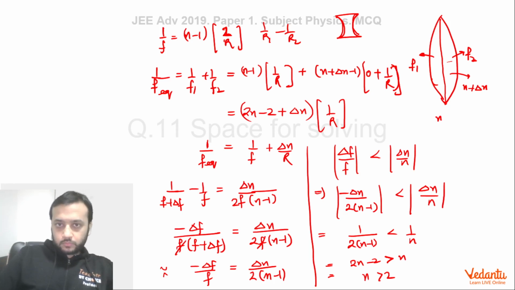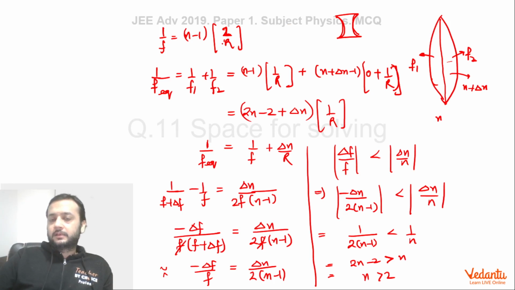So this would have become minus, and this also would have become minus, right? So here we would have gotten minus, here minus, minus, minus everywhere.